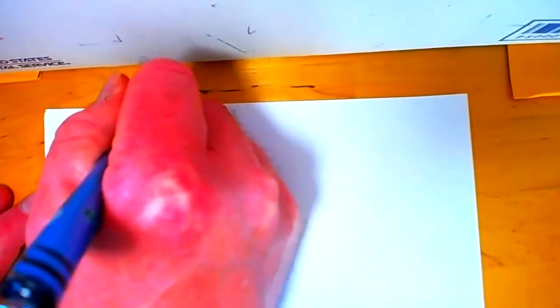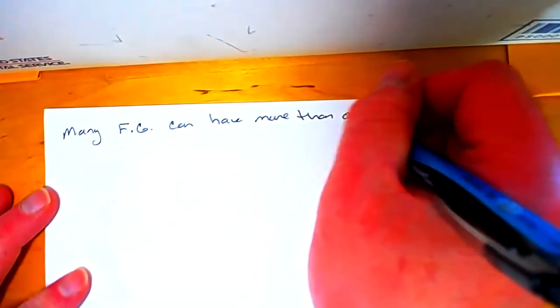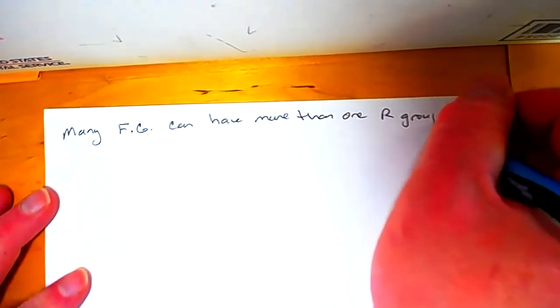So one of the things that is very common with functional groups is their level of substitution. So many, and I often refer to functional groups as FGs, so many functional groups can have more than one R group attached to them.